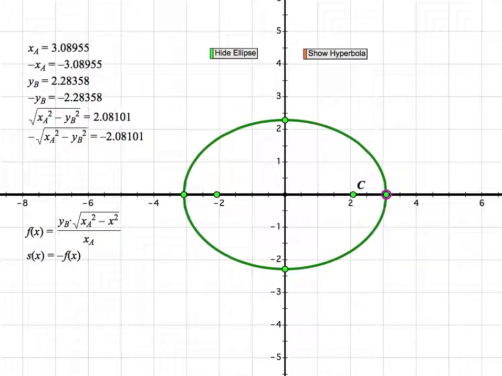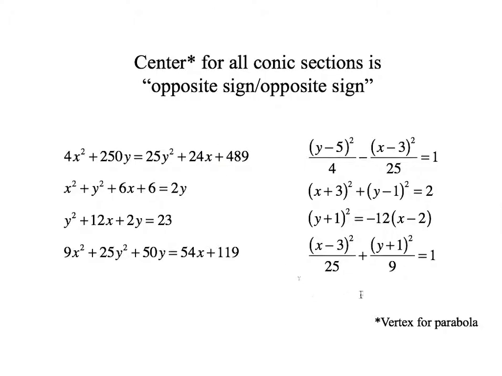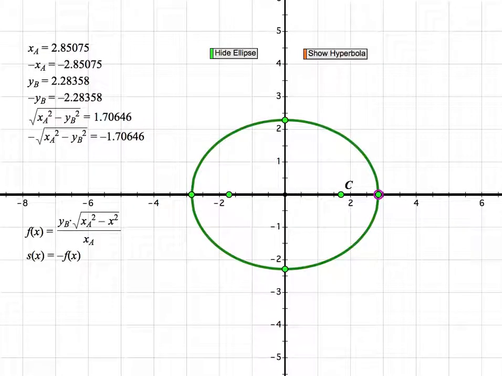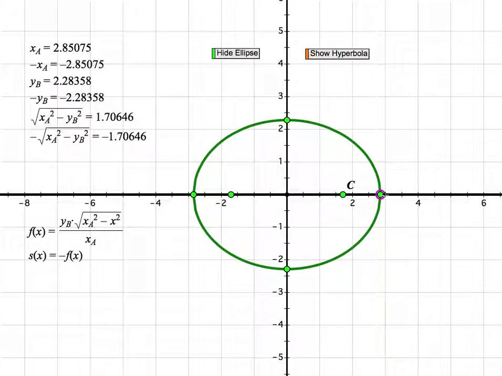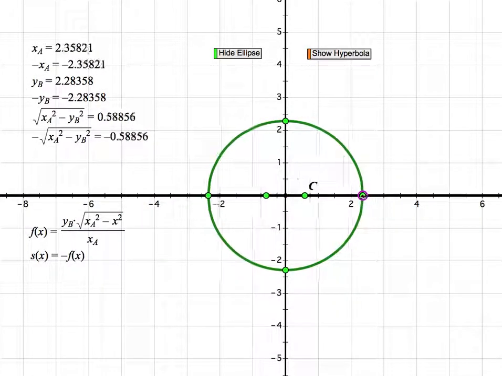Now when the bigger length corresponds to the number underneath the x squared fraction, that's going to correspond to an ellipse that is aligned oblong left and right.